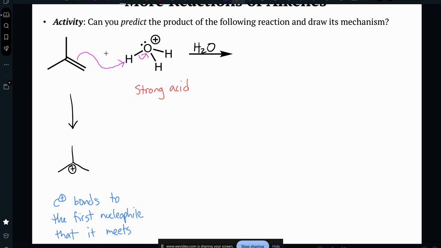And the answer is, in this case, water is the first nucleophile that the carbocation is going to see. Water has a lone pair, so water can share its lone pair with the carbocation. That will give me this intermediate, which still has a charge.